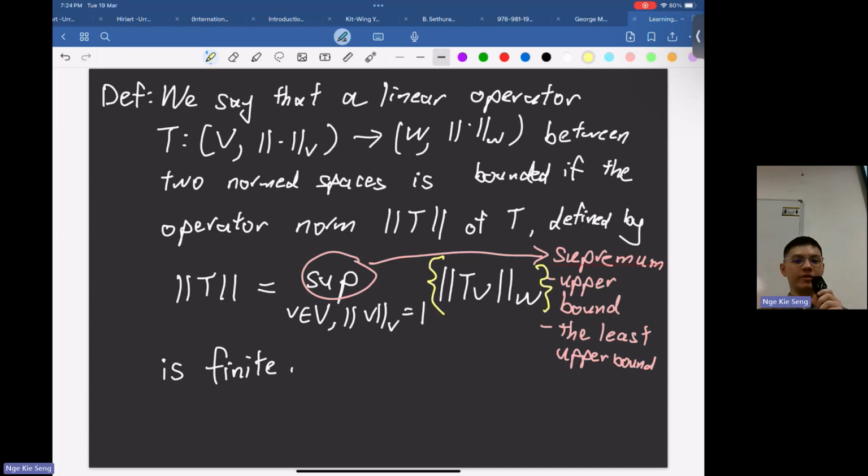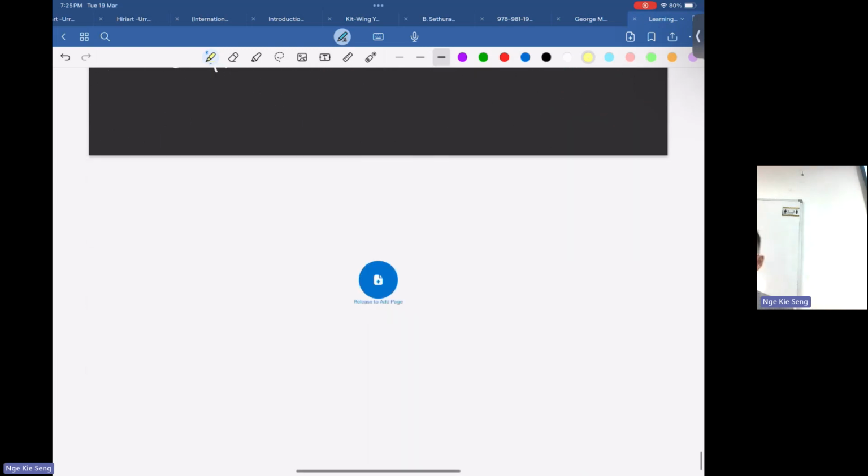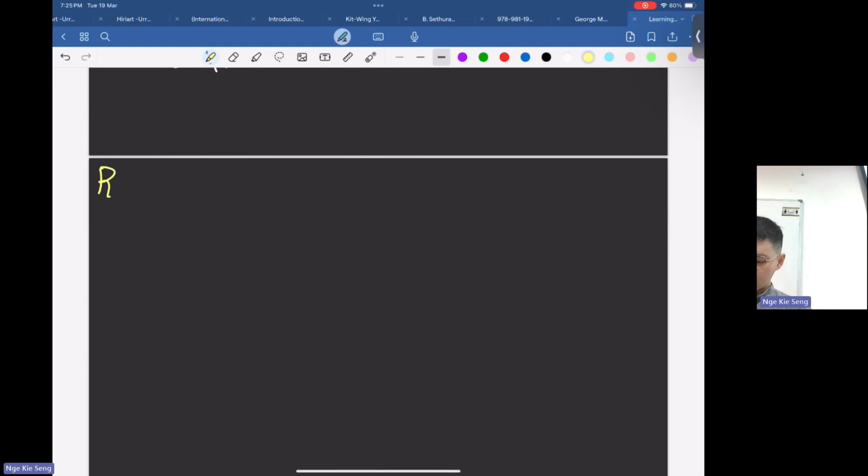If you go to higher dimension, then you can imagine the unit sphere, that is, circle with radius 1, sphere with radius 1, and so on. So this is what a bounded linear operator means. This has a nice consequence. If we just consider the dual space with bounded linear functionals, there's a nice consequence called the Riesz representation lemma.